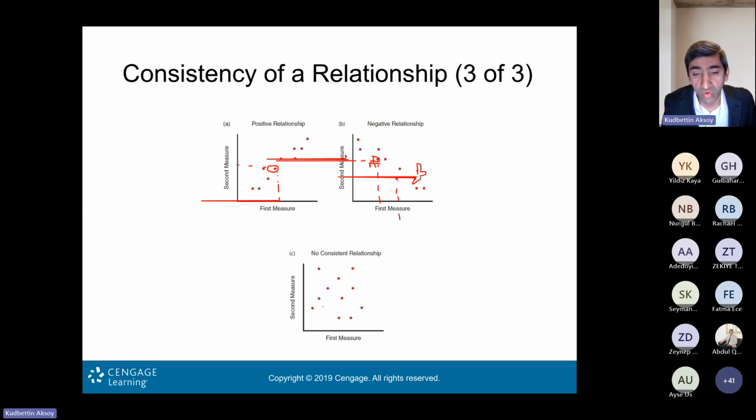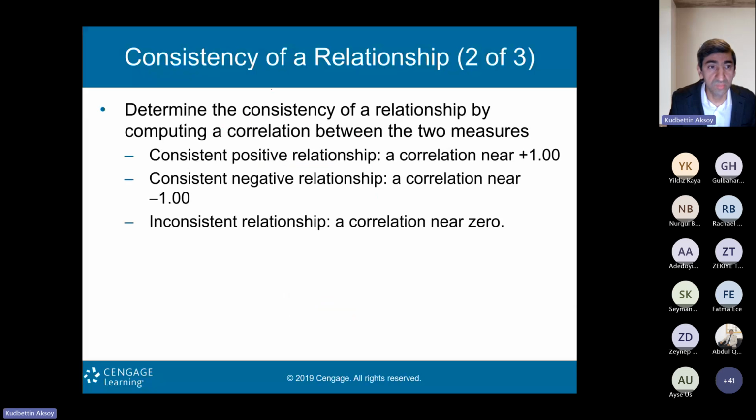And when you have them all in a circle shape, there is no directional relationship. This is positive direction, negative direction, and this is no direction. So we prefer to determine the consistency of a relationship by calculating the correlation between two figures.